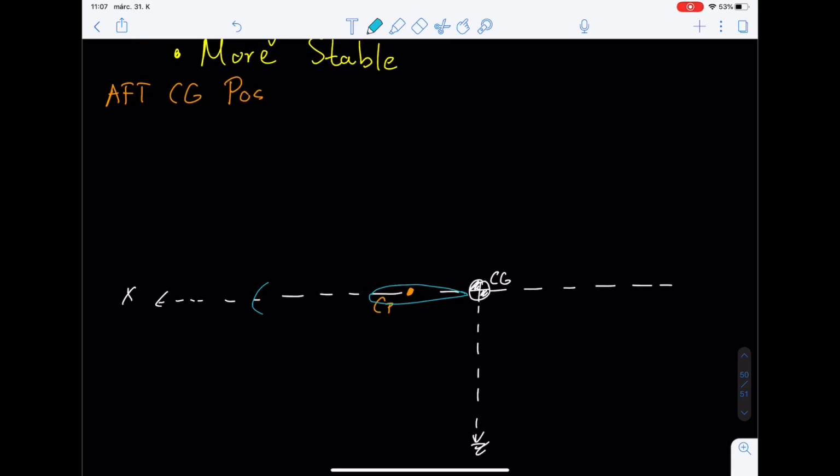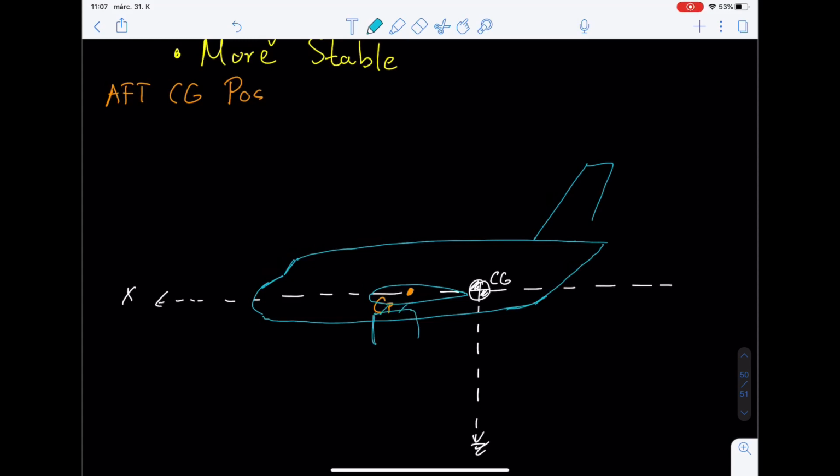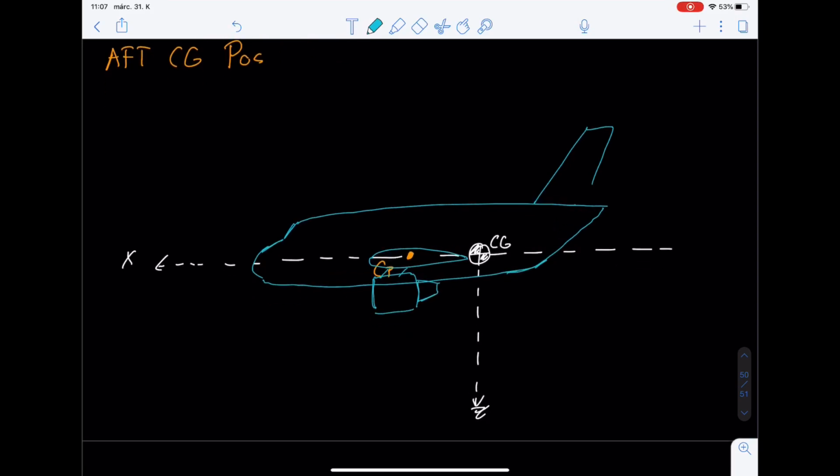The aircraft generally would look something like this. Okay, and you would have the stabilizer right here.